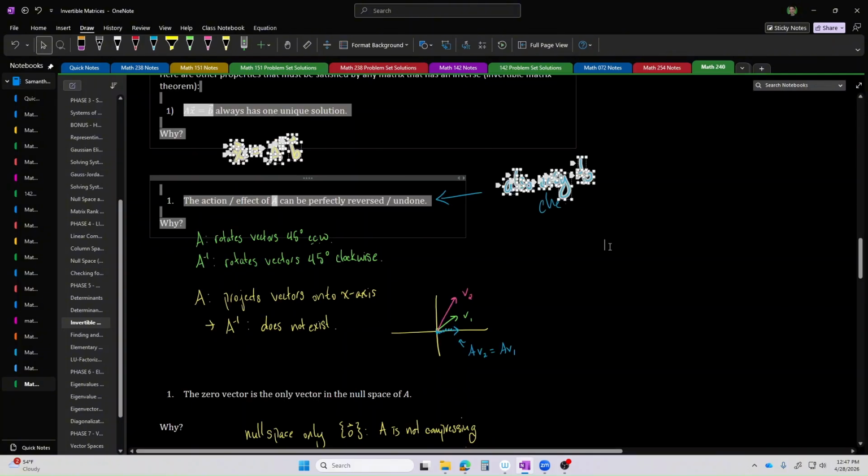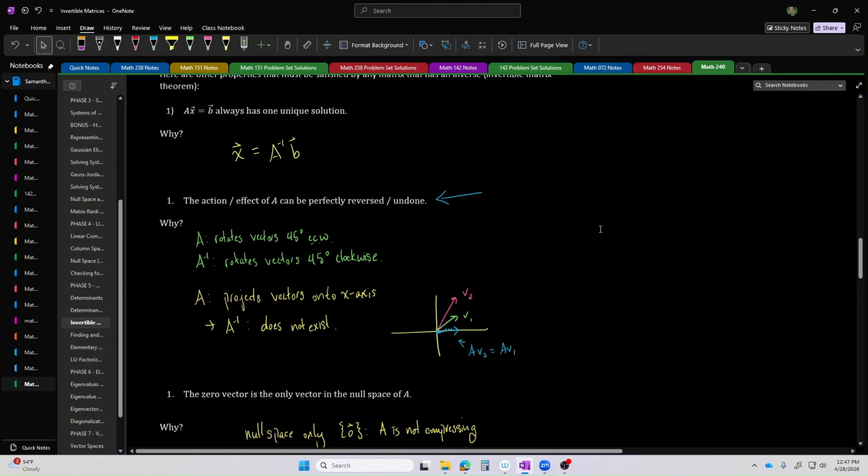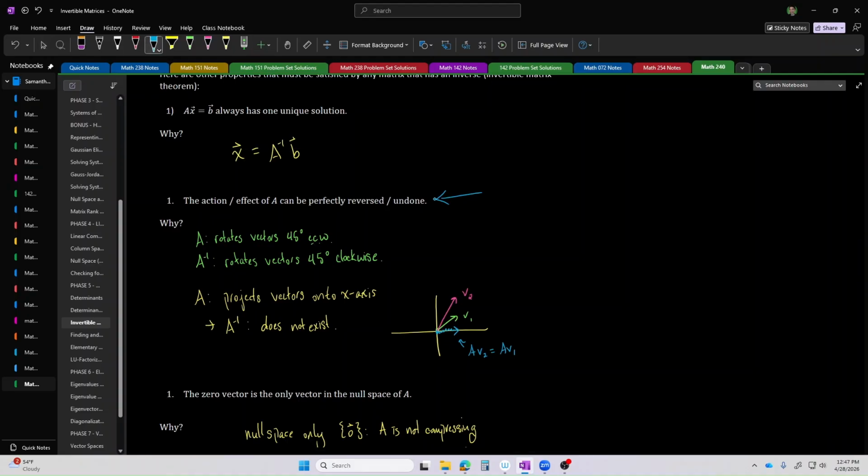In some cases, for certain matrices, especially matrices coming from transformations, this property here, in terms of the action or effect of A, can also be a nice one to use.